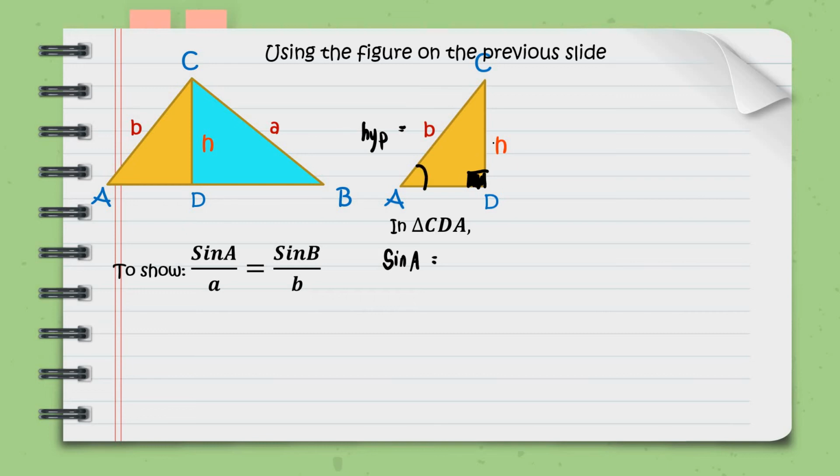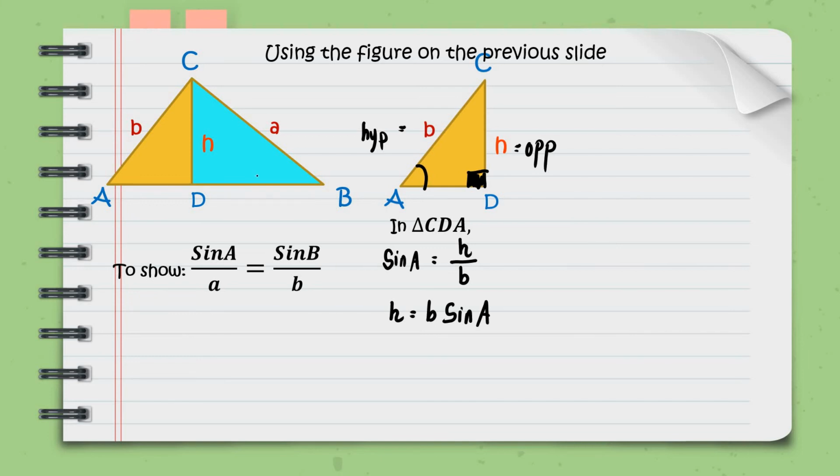Next, with respect to angle A, h is our opposite side. Then, sine of angle A is equal to h over b. Now, let's rewrite this equation in terms of h by applying the cross product property. So, we have here h is equal to b sine of angle A.